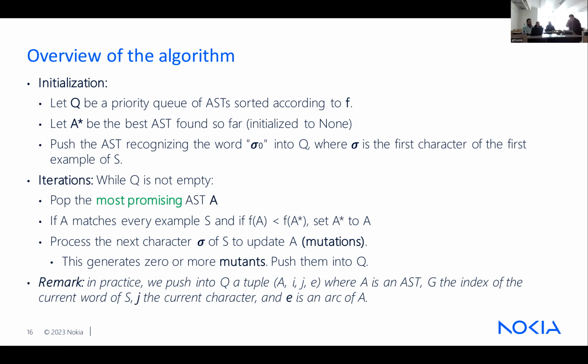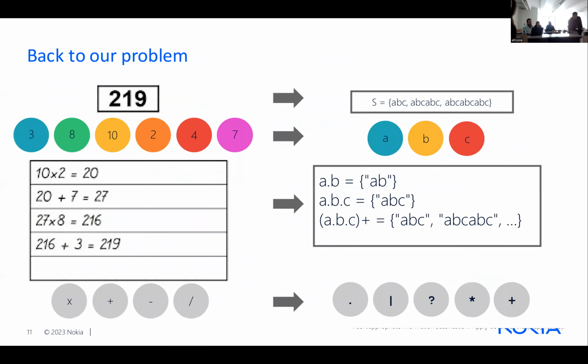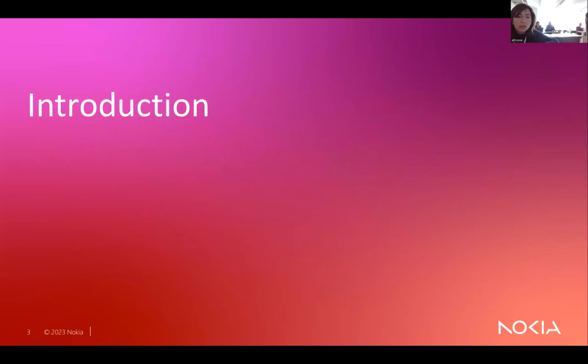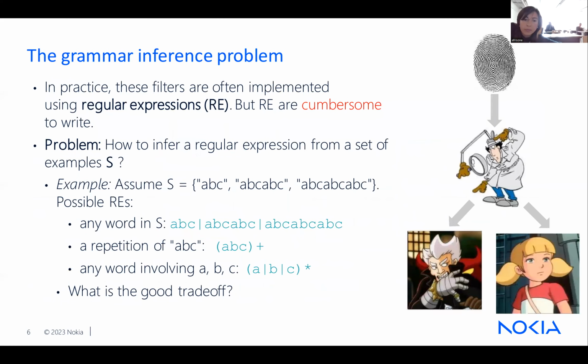So, for example, in the example that you built just before with ABC, what if you don't want ABC plus, but something like ABC to the power of K? How do you do that? Or is it a problem that you want to look at, or it's not even interesting?